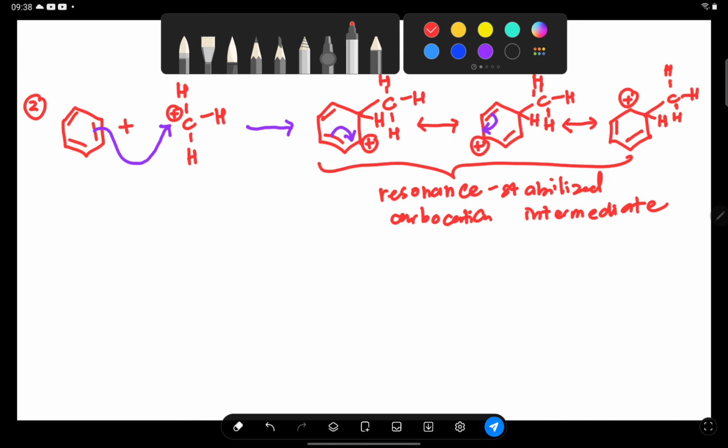So then you tak perlu tunjuk semua. Kata kita ada resonance A, yang ni resonance B, yang ni resonance C. Okey, katalah kita nak resonance A saja. So what happen here?